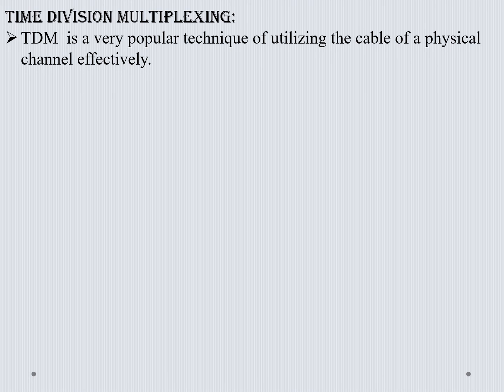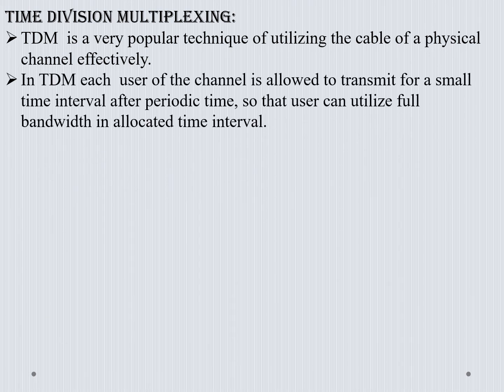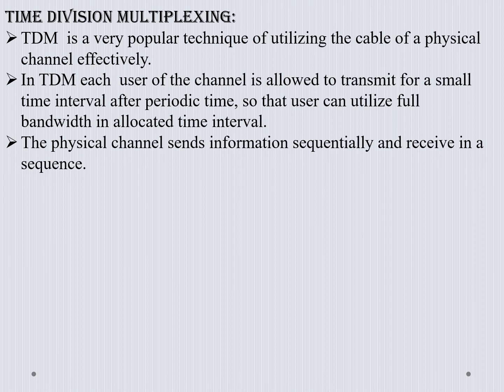TDM is a very popular technique of utilizing the cable of a physical channel effectively. In TDM, each user of the channel is allowed to transmit for a small interval after a periodic time so that the user can utilize the full bandwidth in the allotted time interval. The physical channel sends information sequentially and receives it in a sequence.